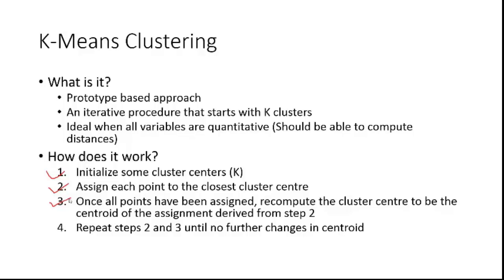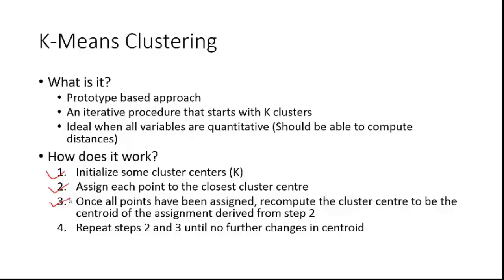You iterate. For these new k cluster centers, you go to each data point, and it's almost like you forgot which cluster center that data point belonged to. Because remember, that data point was assigned to, say, cluster center 1 or 2 based on the old centroid, right? Based on the old cluster center. Now, because your cluster centers have moved based on the centroid, you now assign them all over again.